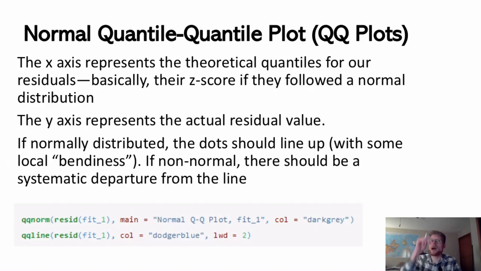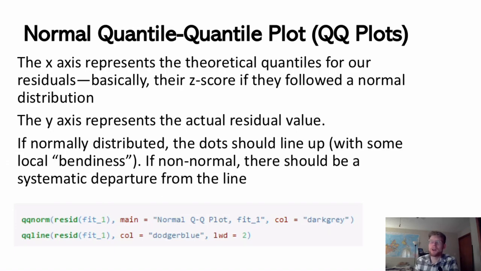And then on the y-axis, we plot approximately how they should be positioned if the residuals were normally distributed. We can create a QQ plot by using the qqnorm function and plugging in the residuals of our models. We can add the line by doing the same thing, and then there's some formatting over here if you want to add some.